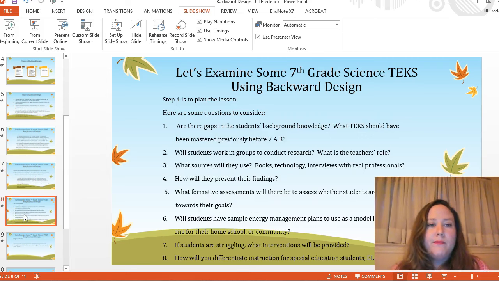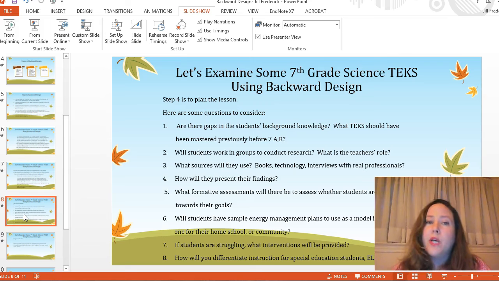Then step 4 of the plan is there are some questions to consider in this case with these 2 specific TEKS. Number 1, are there gaps in the students' background knowledge? If there are, that will probably affect how well they're learning these 2 TEKS currently. And if so, what TEKS should have been mastered previously before 7A and B?